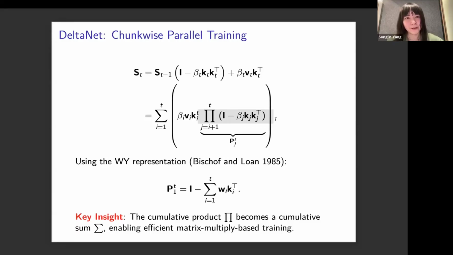But luckily, for the DeltaNet case, we have a structured transition matrix. This is identity plus a low-rank structure, and this is very convenient for computing the cumulative product. Actually, this problem has been well studied in the numerical linear algebra literature. Like I said before, this transition matrix is a generalized Householder matrix.